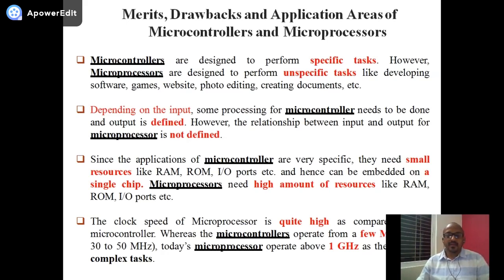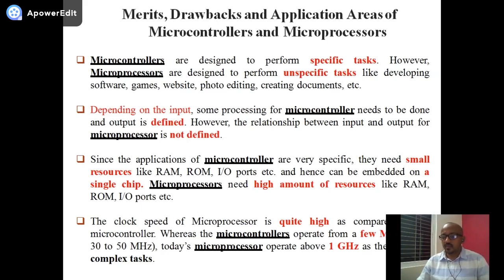Okay. Microcontrollers have small resources. RAM, ROM and the different ports are all on a single chip. But in the case of a microprocessor, we have to connect them externally. We have to connect a high amount of resources like RAM and ROM, and the size of the RAM and ROM we connect is large compared to a microcontroller.